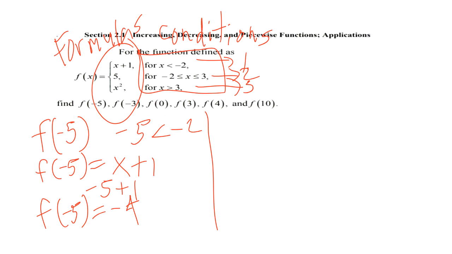So it seems like it's the first one again. So -3 is less than -2. So I am going to use the formula x plus 1. I'm terrible at writing it. And just replace the x with -3. So I get -3 plus 1, which is -2.